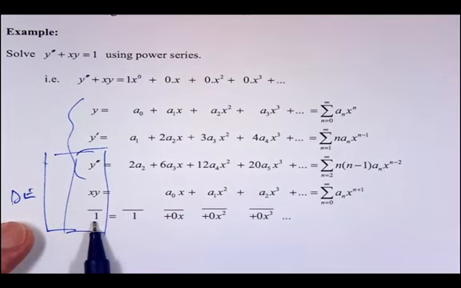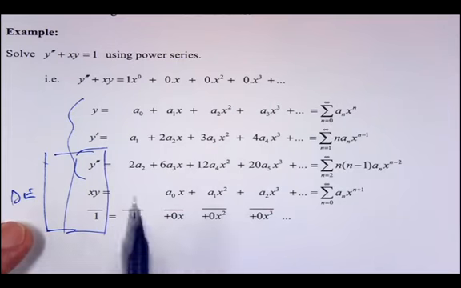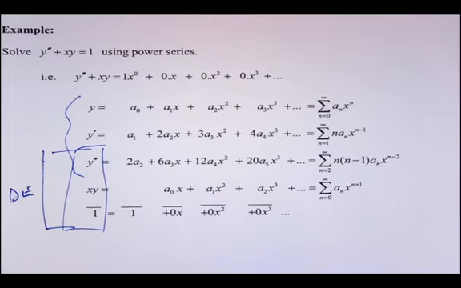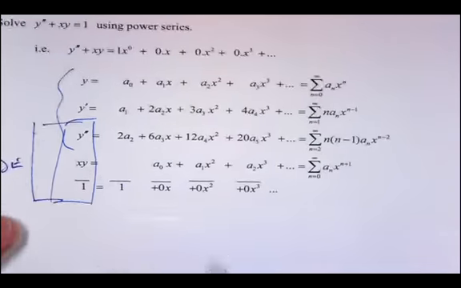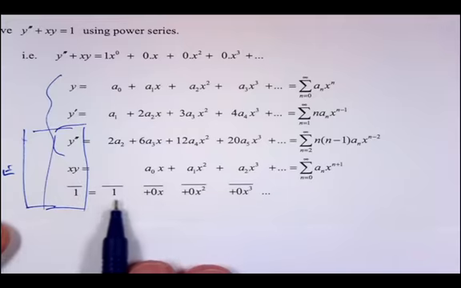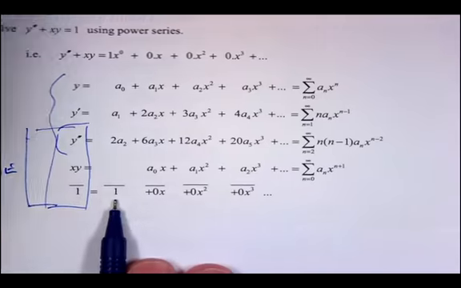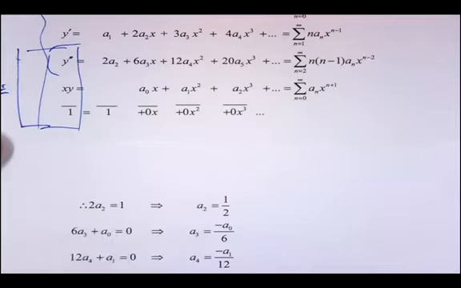But what's 1 as a power series? Because this side is power series. Well, it's 1 plus 0x plus 0x squared, etc. All right? So in this case, instead of 2a2 being equal to 0, as it has been in the past, it's now equal to 1. And so that means that a2 is a half.